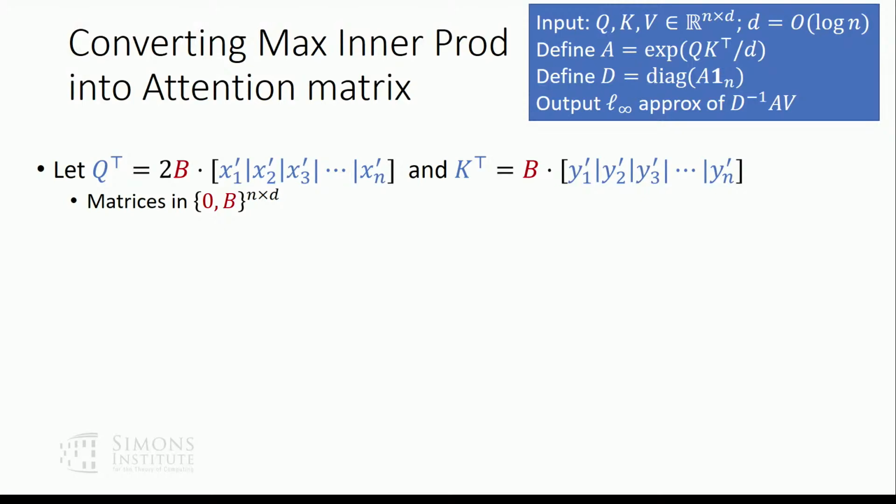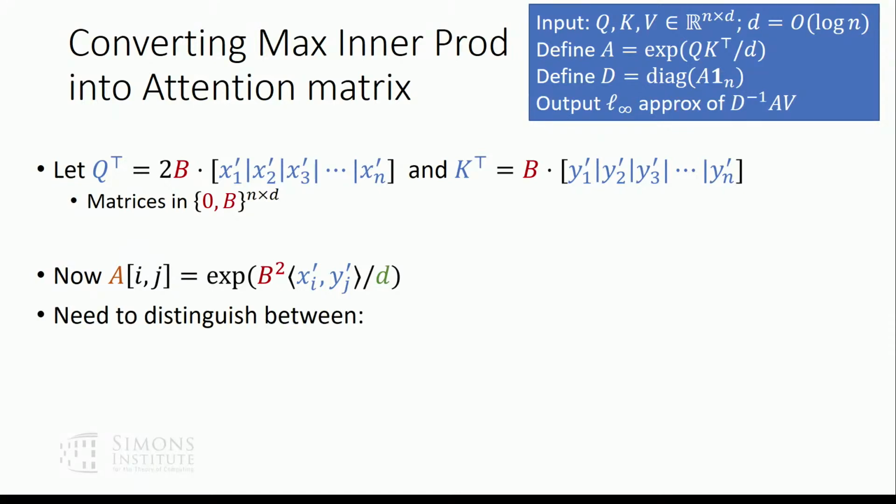Okay. So now, how is the attention matrix defined? Well, its ij entry is exactly this: e to the power of the inner product between the ith column of Q transpose and the jth column of K transpose, which is B squared times the inner product of the xi prime and yj prime divided by d. So in our case, to solve maximum inner product, we need to distinguish between two things.